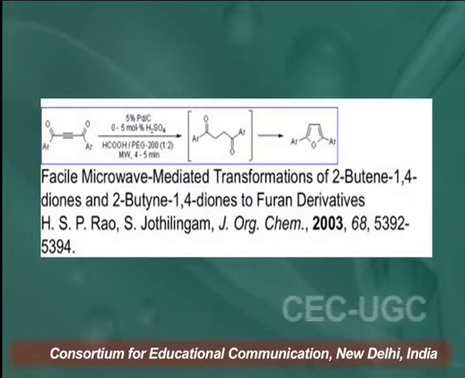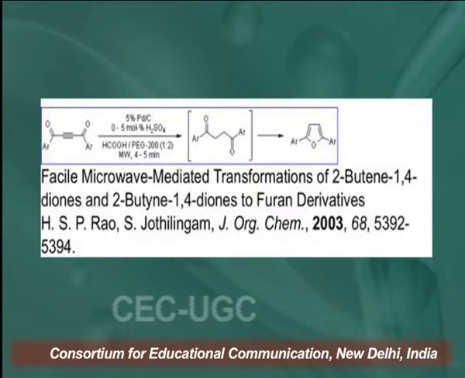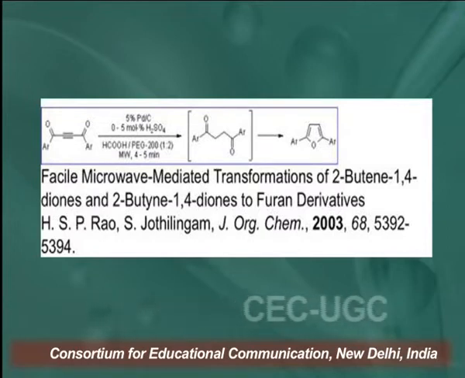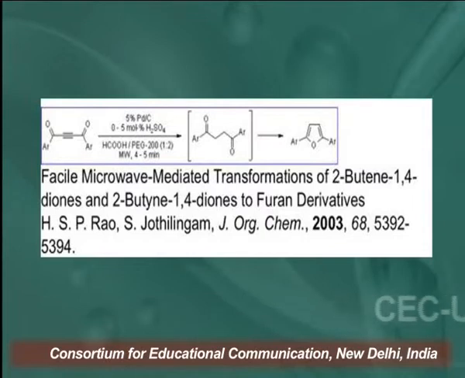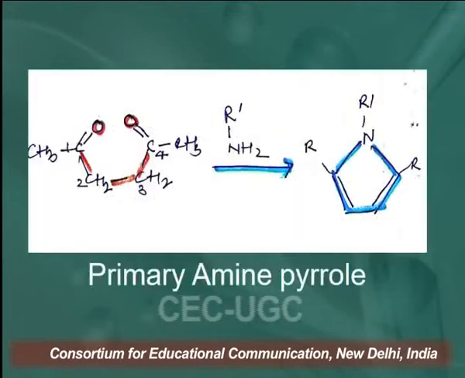The transformation of 2-butene-1,4-diones and 2-butyne-1,4-diones into furan derivatives. If you want to go into the details, there is a reference mentioned over here. So it is a microwave mediated transformation of 2-butene-1,4-diones and 2-butyne-1,4-diones to give furan derivatives.